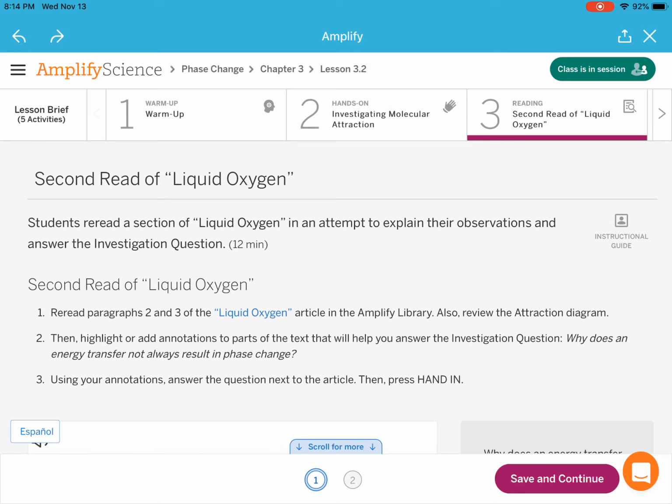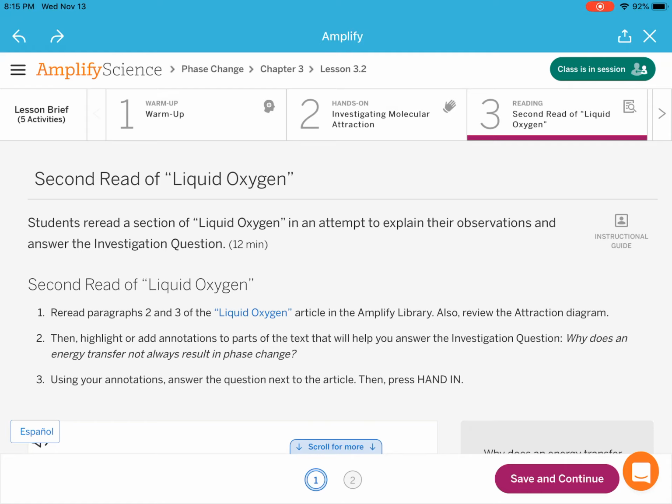So if you will get out your packet that you had yesterday where you annotated, you will also need to get out your spirals. Okay, hopefully you have those two things out, and here we go.